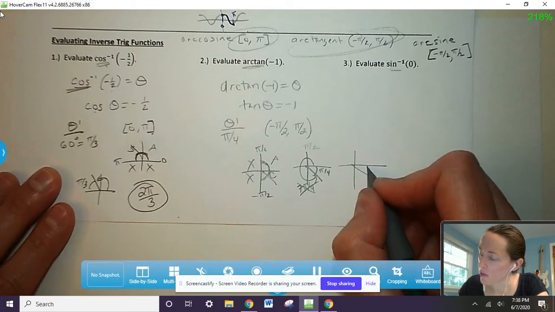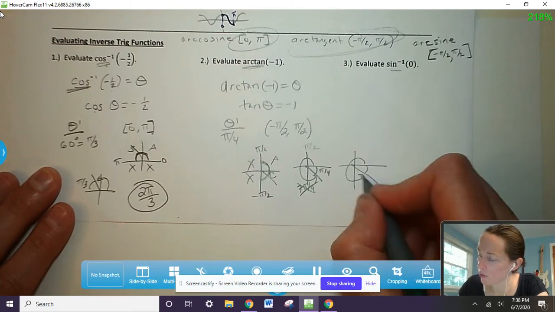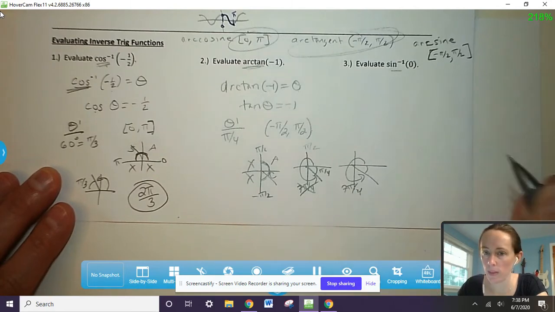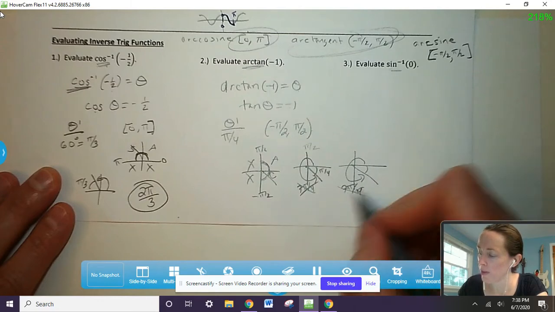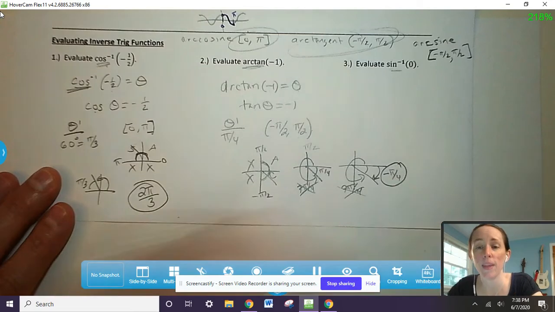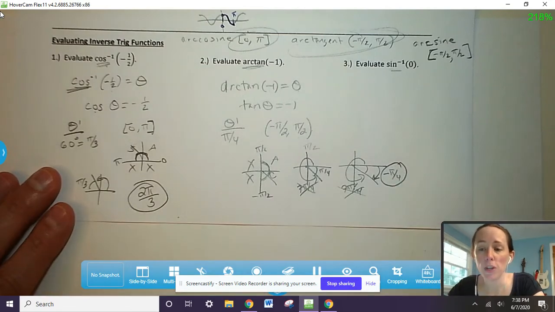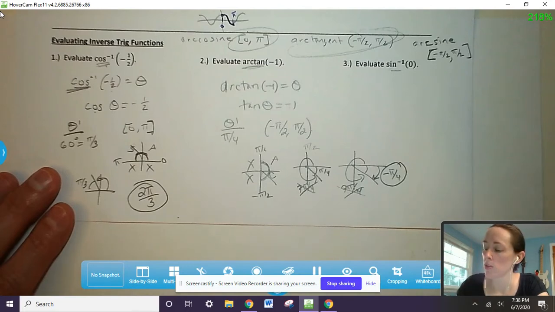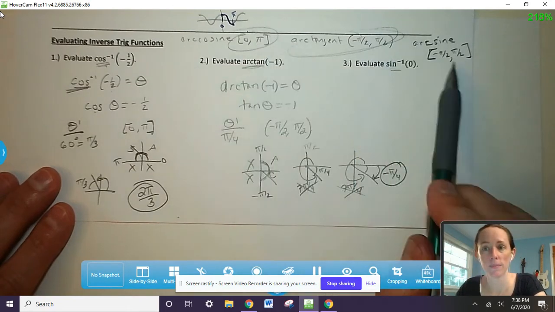So instead of calling this angle 7 pi/4, we find an angle that's coterminal, and this one will do it. -pi/4 is the answer. And when you're evaluating inverse trig functions, remember these are functions. So each input has exactly one output. So you should only get one answer for inverse trig functions, and they should always be in radians.